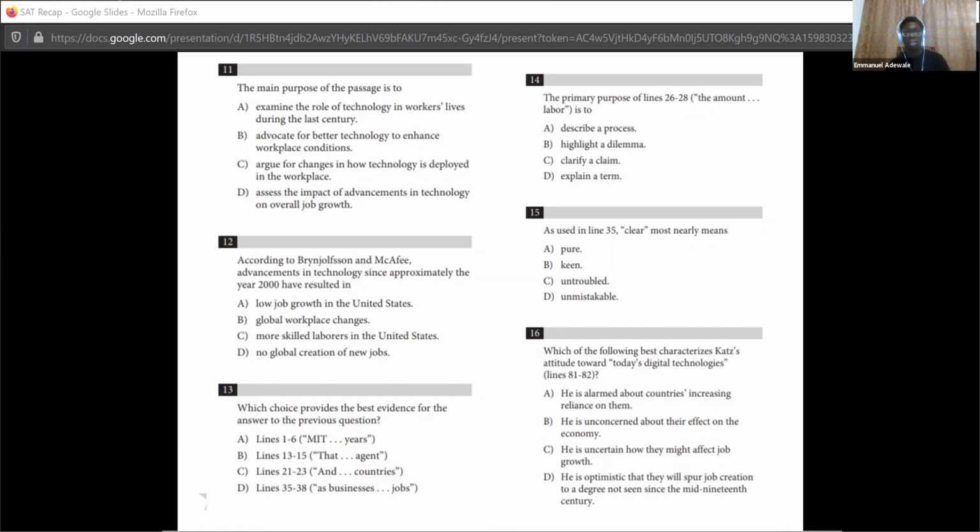For number 15, as used in line 35, clear most nearly means A, pure, B, keen, C, untroubled, or D, unmistakable. And again, this type of question you might see pretty commonly on the SAT.